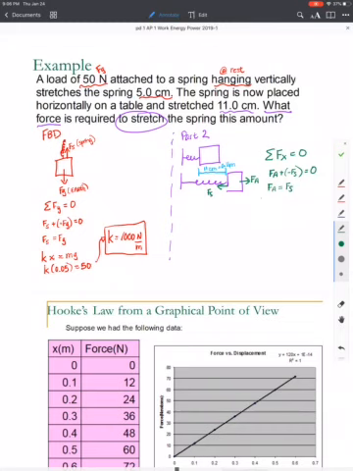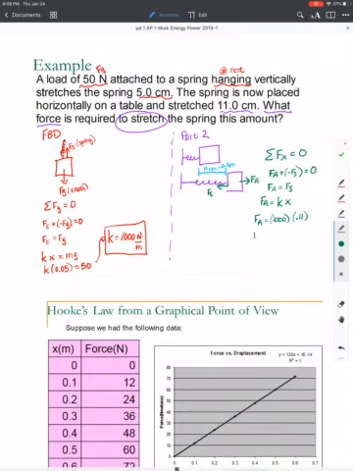So I want to know how much I'm pulling, and to do that, I'm going to use the fact that my spring force is found by doing the spring constant times the displacement. I'm going to use the spring constant I found in the previous part of this problem. So I've got 1,000, and I'm going to times that by 11 centimeters, which is 0.11 meters.